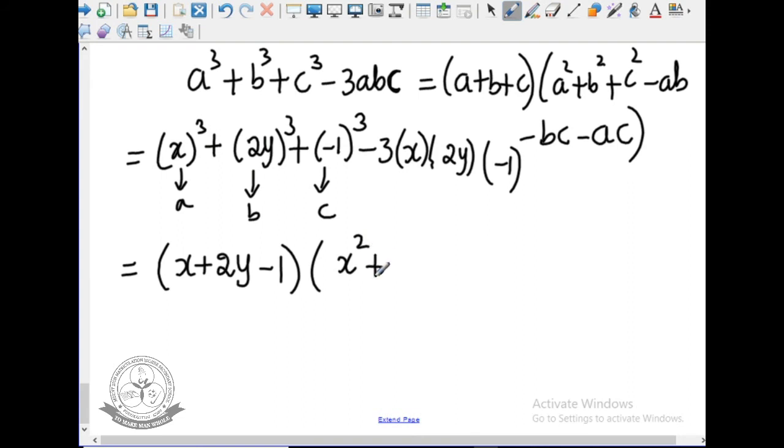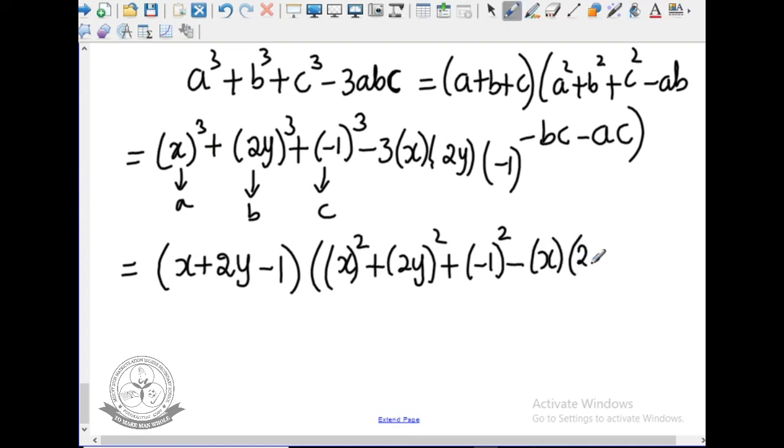B square is equal to 2y, so 2y whole square, then plus c is equal to minus 1, so minus 1 whole square, then minus a is equal to x and b is equal to 2y, then minus bc, b is equal to 2y and c is equal to minus 1, then again minus ac, a is equal to x and c is equal to minus 1.